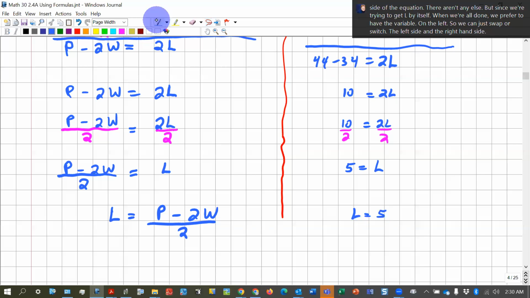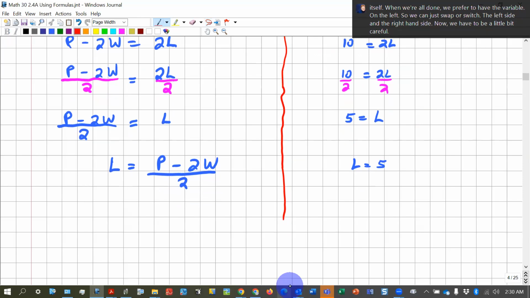Now, we have to be a little bit careful with this left-hand side, because we see this 2 in the numerator and we see a 2 in the denominator, and it's very tempting to want to divide them out.